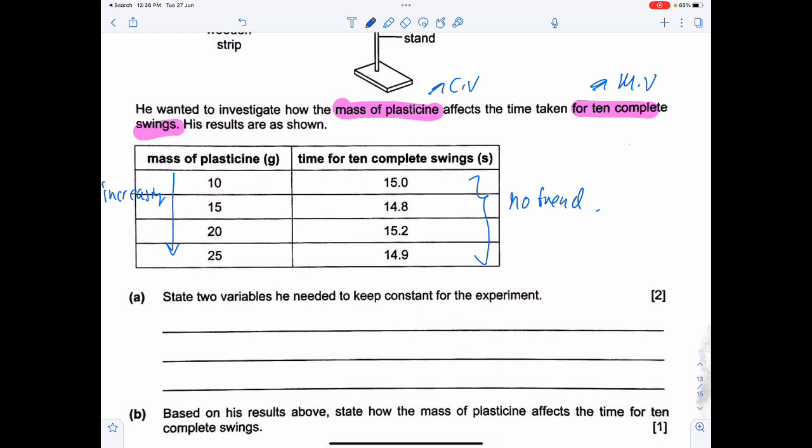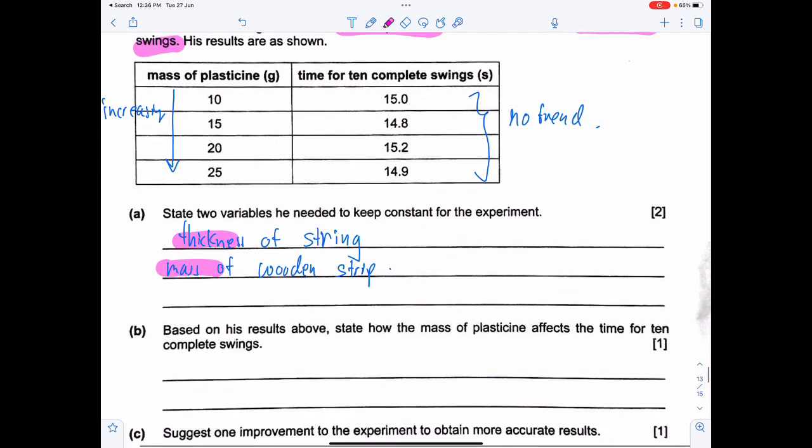So I'm going to say thickness of string and maybe mass of wooden strip. So I really want you to learn how to be a bit more specific. Don't just say same type or the same. What of the item? The height, the mass, the weight, the thickness, the material.